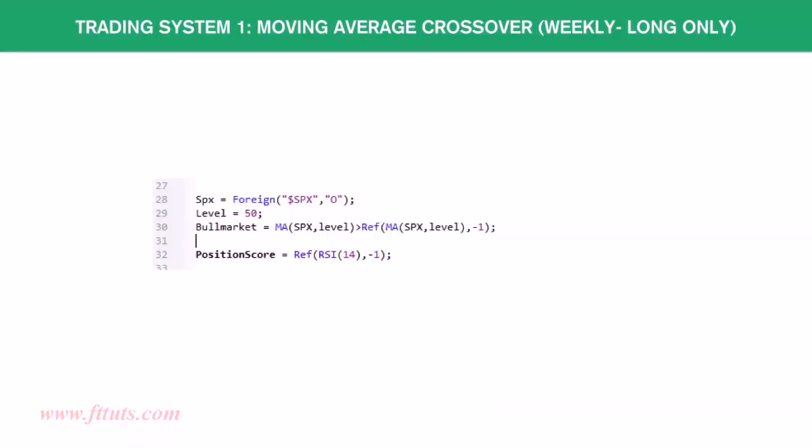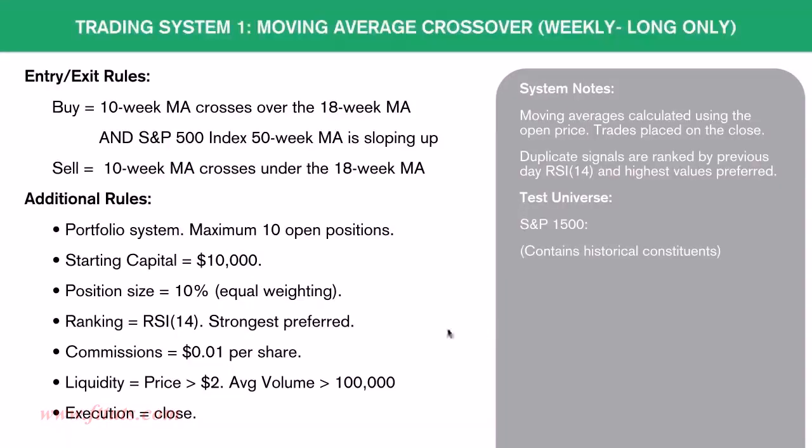This is the ranking which we will define using the position score AmiBroker formula. The ranking ensures that we're buying the strongest trending stocks, so we're buying stocks that have a moving average crossover and also strong RSI.